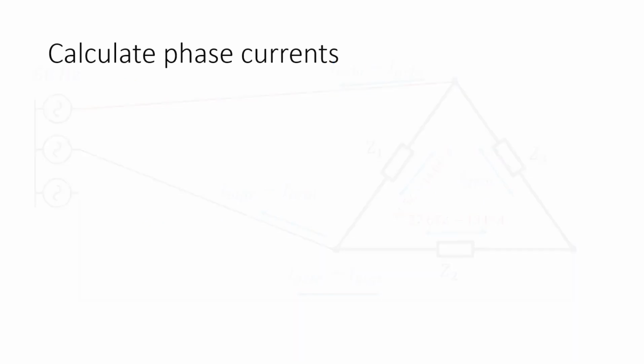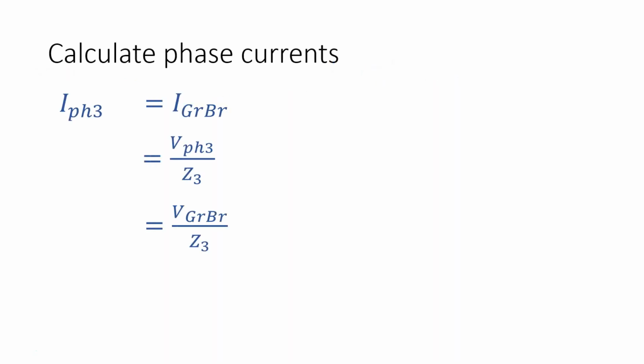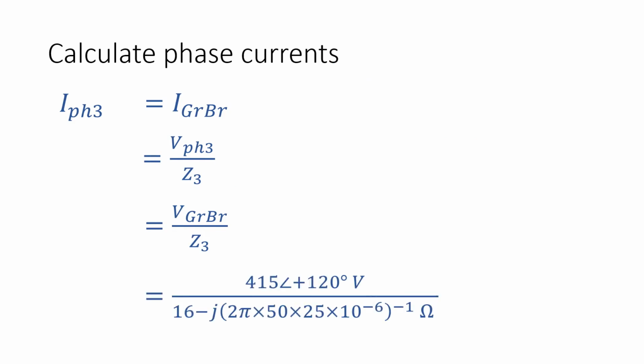So now phase 3, just the same method. Phase 3 voltage divided by phase 3 impedance. Now this time we're given the resistor and the capacitor value. So what I've directly done here is given it as R minus JXC. And remember XC is 1 over 2 pi FC.